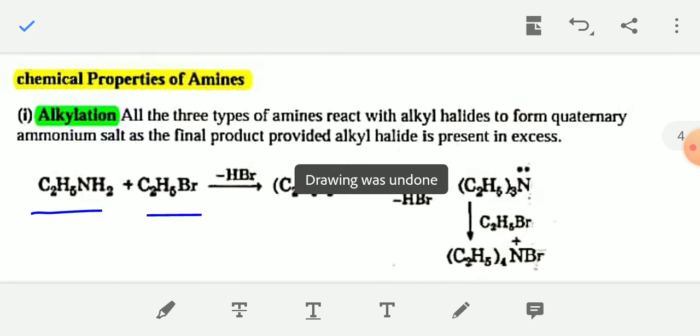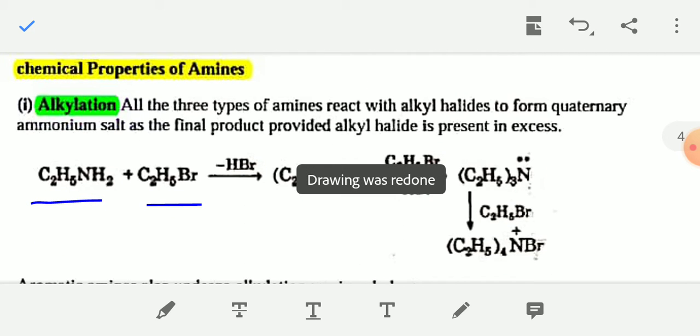Now chemical properties of amines. First chemical property is alkylation, means reaction of amine with alkyl halide. If primary amine reacts with alkyl halide, it will be converted into secondary amine.